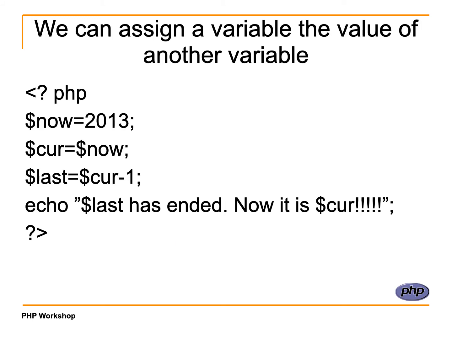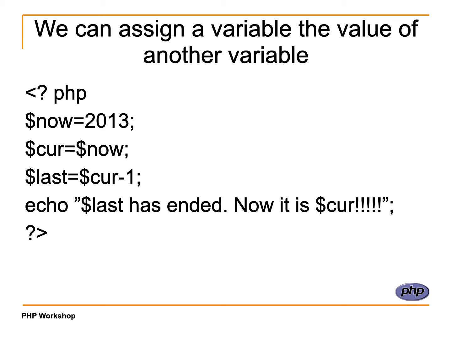We can assign a variable the value of another variable. In our scriptlet, $now = 2013; $cur = $now; so $now gives its value to $cur, and $last = $cur - 1.